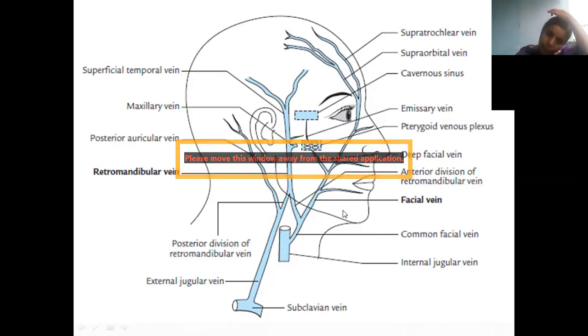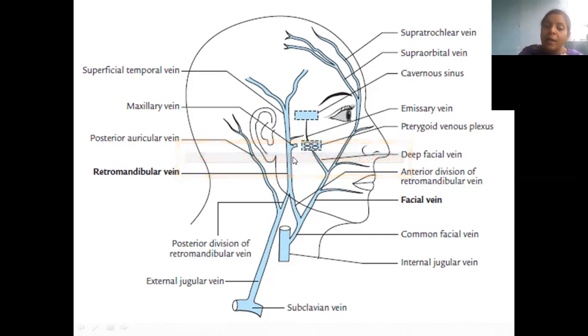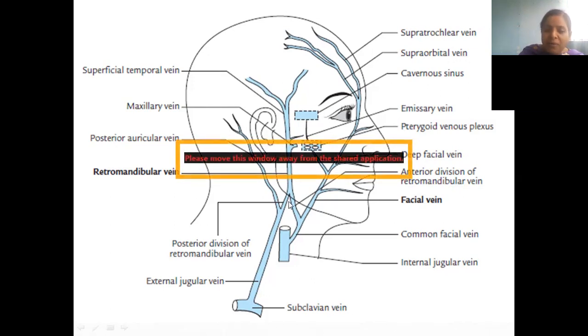facial vein. This particular part of venous network we have done when we were doing parotid gland. If you remember me telling, we have there retromandibular vein. Retromandibular vein will have anterior division and posterior division. So anterior division is draining into facial vein.